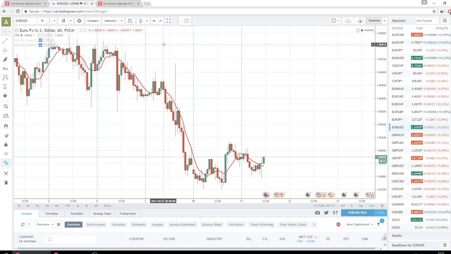Most traders who trade following the trend like this indicator, because it shows the direction. And as I told you, this is a lagging indicator, so it doesn't predict the next movement, but it tells you what was before.